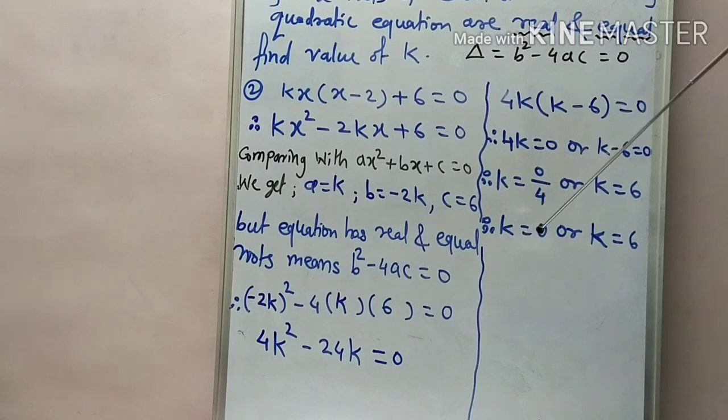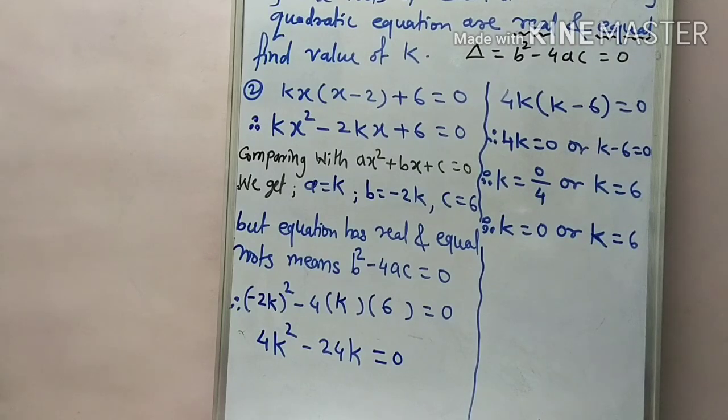And suppose we put the value of k as 0, here 0 into x square becomes 0. Here also, as we put k as 0, this term also becomes 0, and only 6 equal to 0 remains, which is not true, and hence we are not supposed to take the value of k as 0.